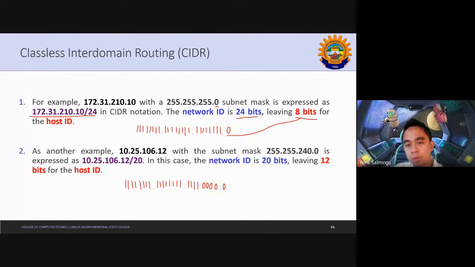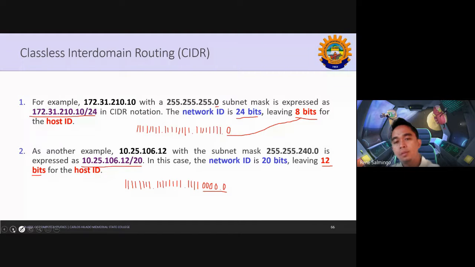So you count your zeros here. 4 plus 8, you have 12. So this is your 12 bits host ID. Is it difficult or not? Now the answer for this is this one. This is how you get your CIDR notation, your classless interdomain routing notation, based on a simple conversion from decimal to binary and binary to decimal.